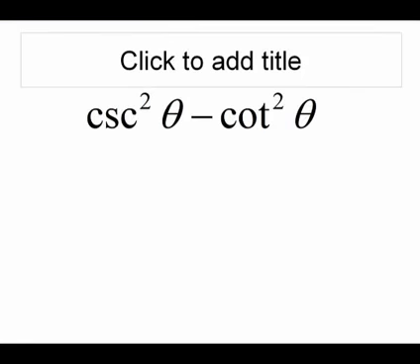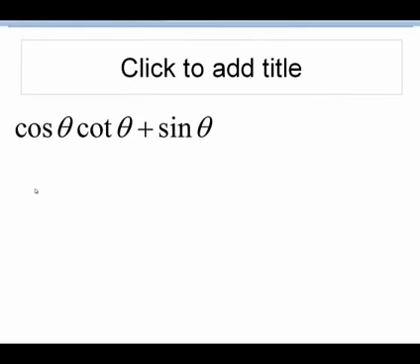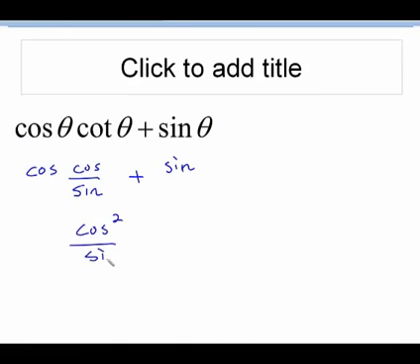And then, let's see. Let's do one last one right here. So we've got cosine times cotangent. So cotangent I know is cosine over sine, right? Plus sine. So over here, well, I'm going to end up with cosine squared over sine plus sine.